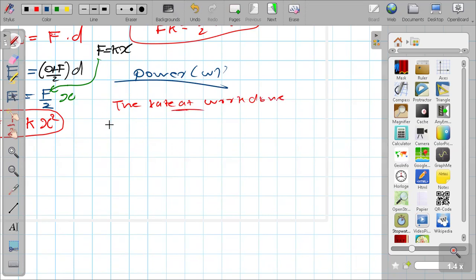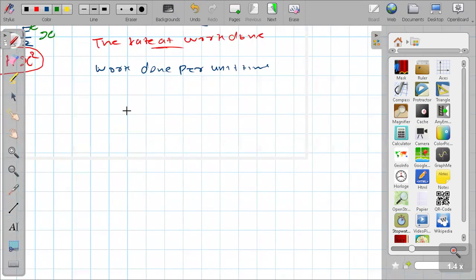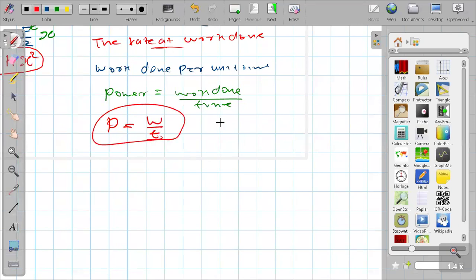Or the work done per unit time. These two definitions are really important. So power is work done over time. So simply power equals to W over T. So W is in joules, T is in seconds. So this is J s to the power minus 1, or we can express that in watts.